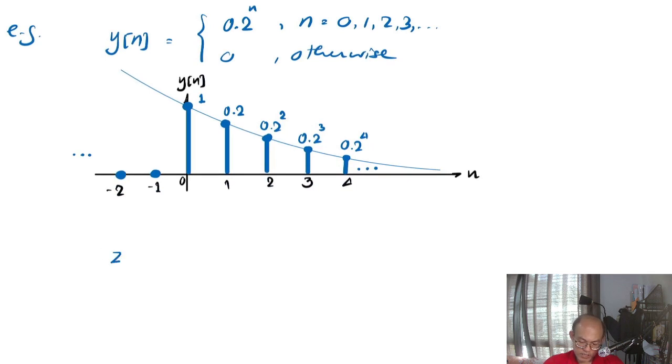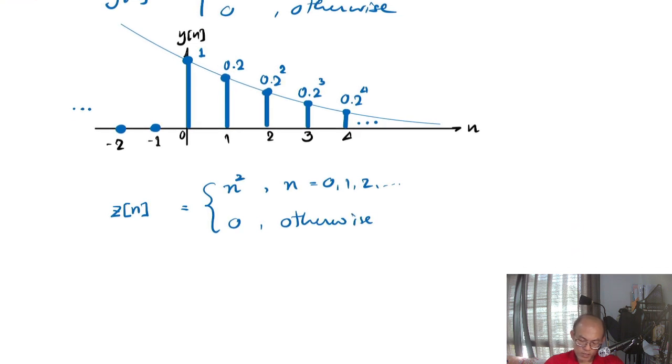Or you could say that z of n is equal to n square, where n is 0, 1, 2, and so on, and 0 elsewhere.